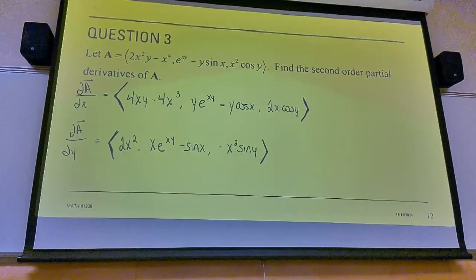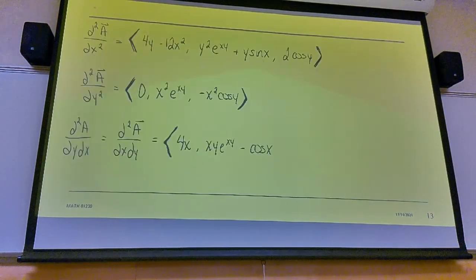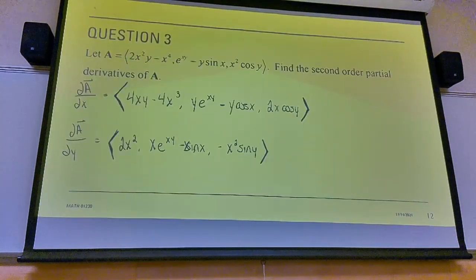Isn't that middle component x times e to the xy? Isn't that a product of functions of x? Yeah, I don't know why I said chain rule, I meant product rule. So what's missing? Oh, okay. Cool.